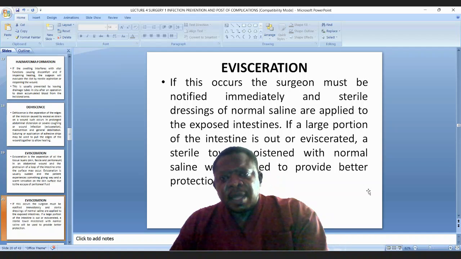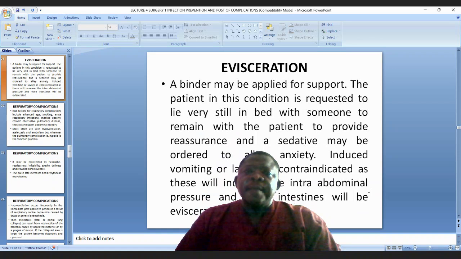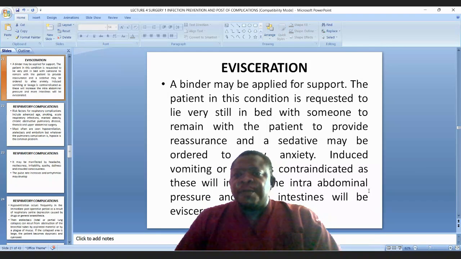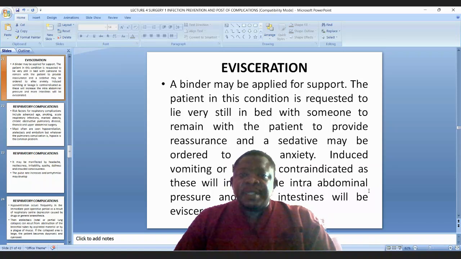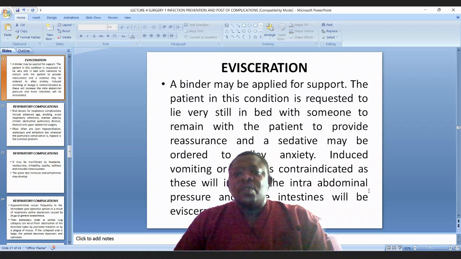A binder may be applied for support to prevent further protrusion of abdominal organs in evisceration. The patient in this condition is requested to lie very still in bed with someone to remain with the patient to provide reassurance, and a sedative may be ordered to allay anxiety.